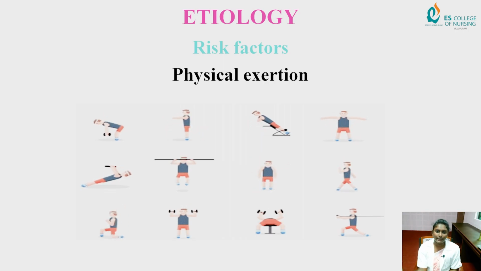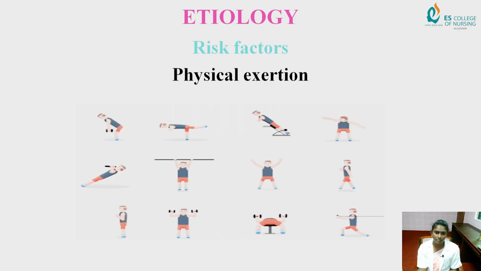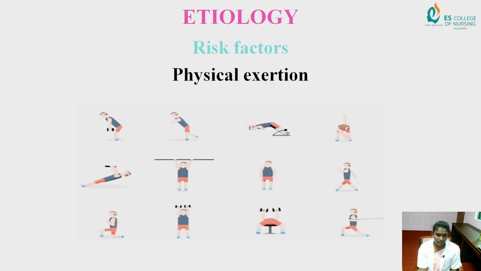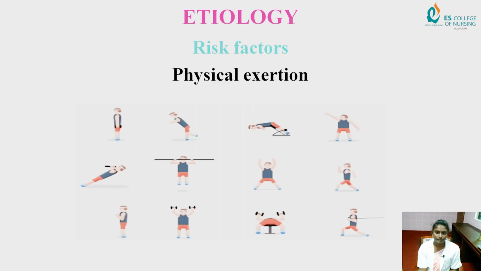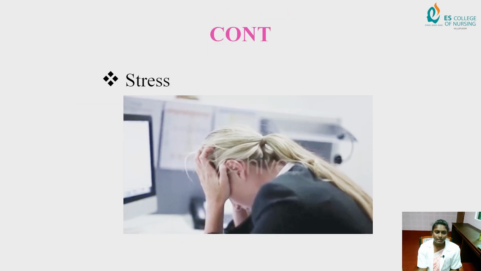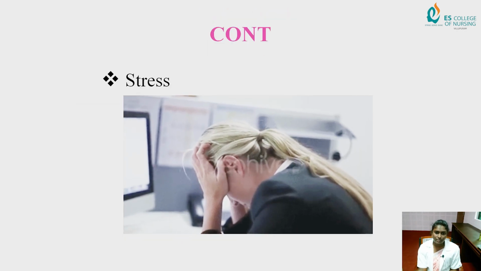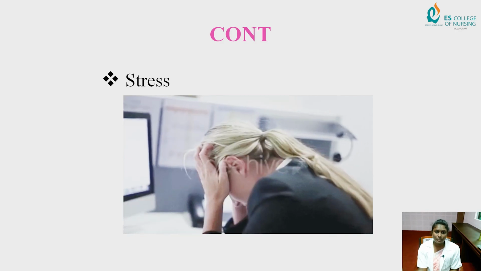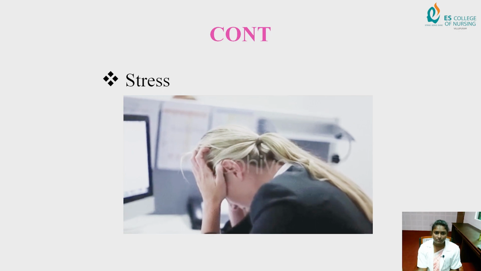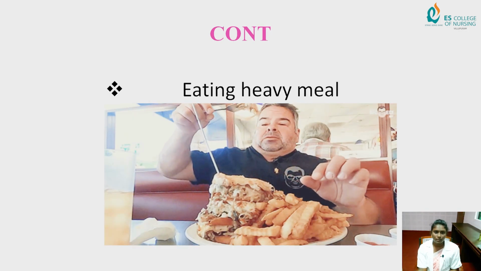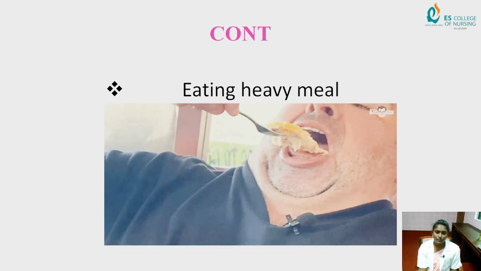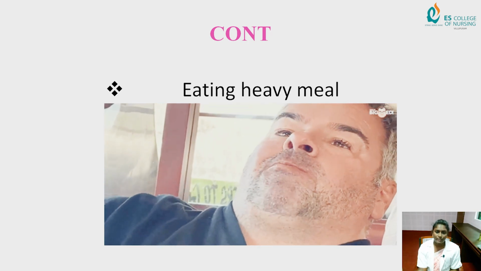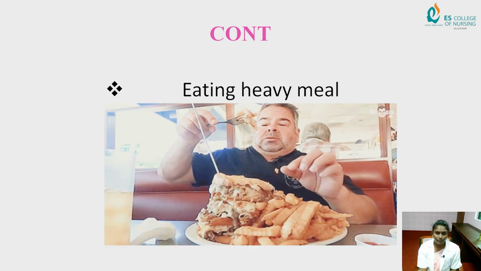During physical exercise, patients may experience angina pectoris, that means chest pain. The third one is stress. If the patient has a high level of stress, it may also develop angina pectoris. Then eating heavy meals is also one among the etiological factors.